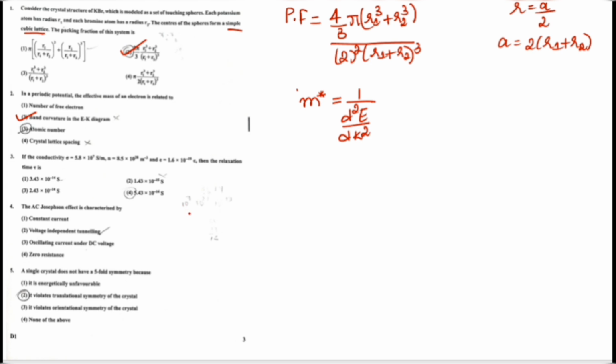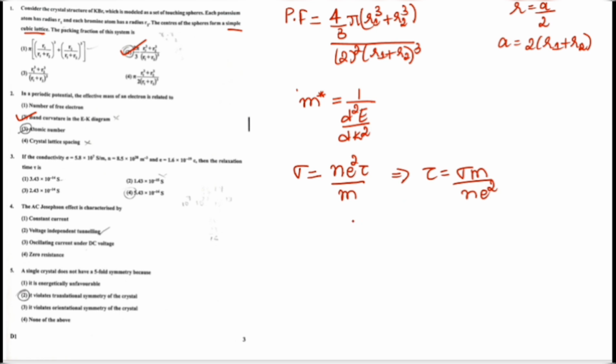We have the formula for the conductivity sigma, which is equal to n e square tau divided by m star, the effective mass, or you can simply call it the mass of the electron, m. From here, on cross multiplying, the relaxation time tau is equal to sigma into m divided by n e square.